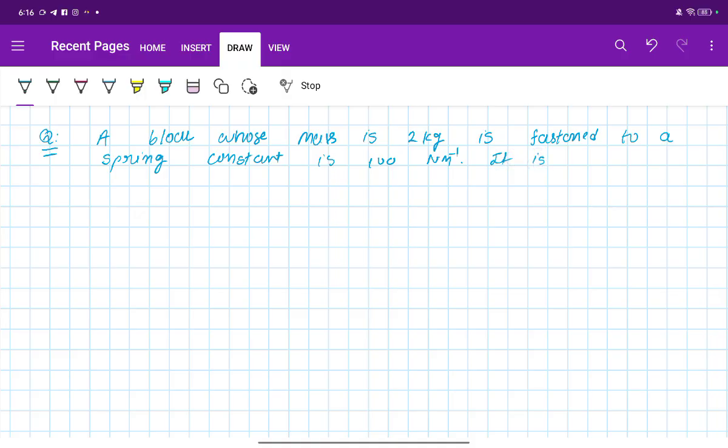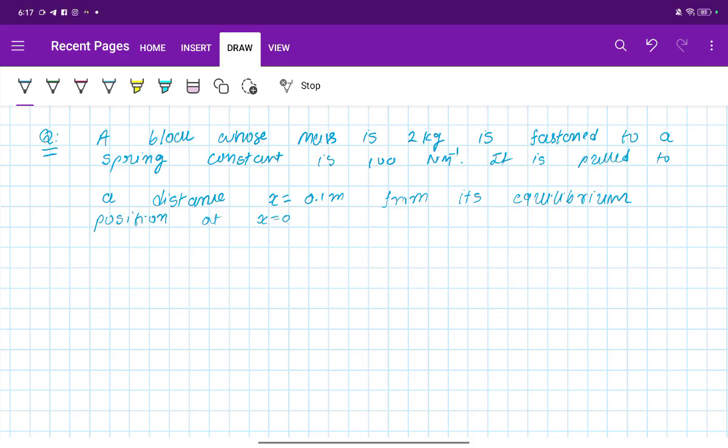It is pulled to a distance x = 0.1 meter from its equilibrium position at x = 0 on a frictionless surface.